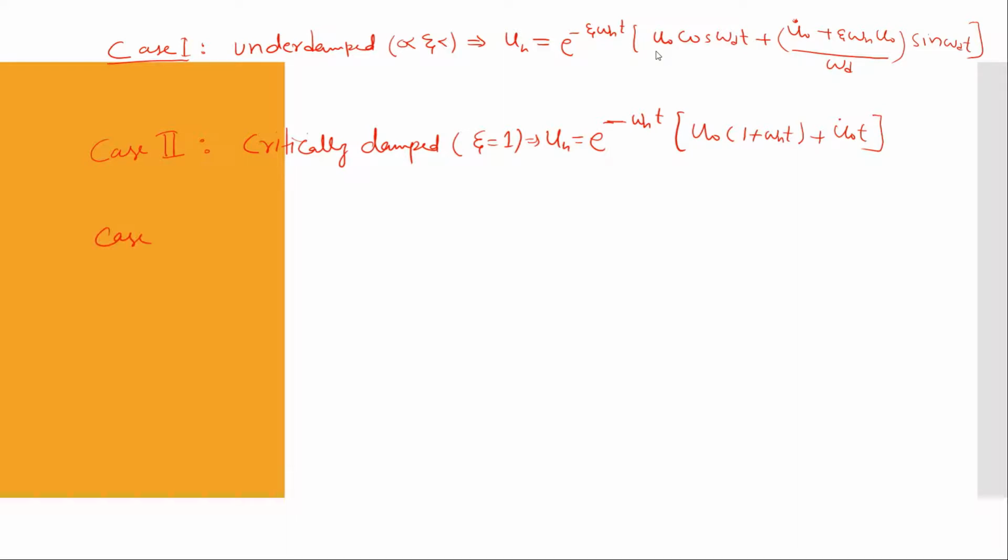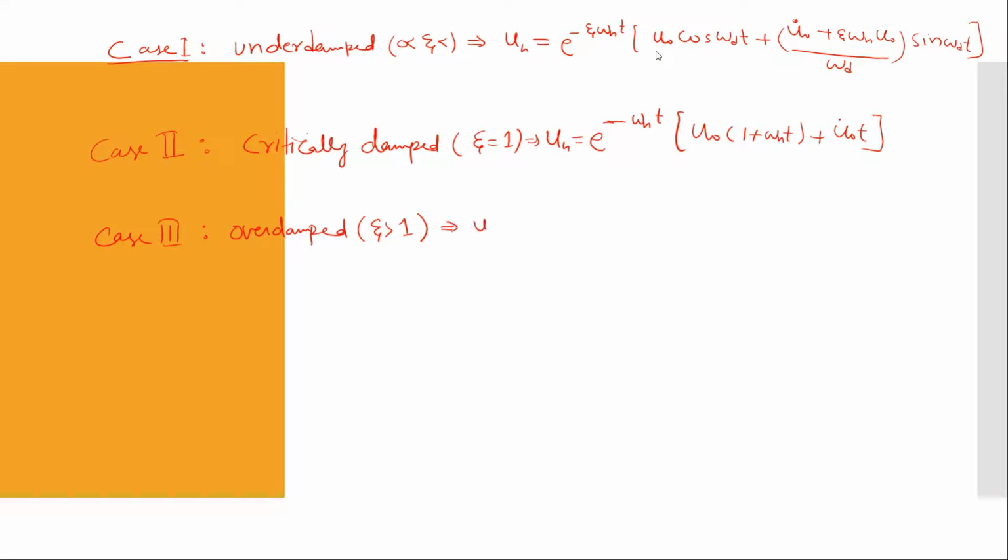In case 3, we have overdamped, which is xi greater than 1.